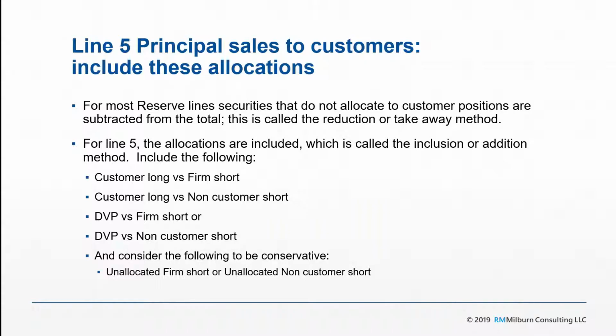So for line 5, you're going to include the following: customer long versus firm short, customer long versus non-customer short, DVP versus firm short, or DVP versus non-customer short. And in addition, consider putting the following in to be conservative: unallocated firm short or unallocated non-customer short.